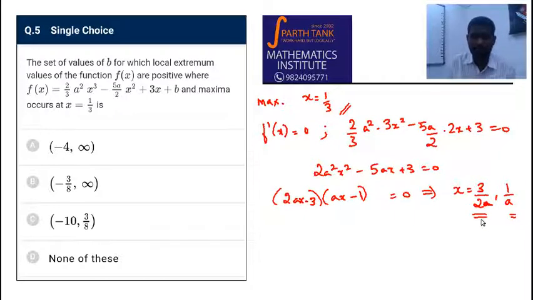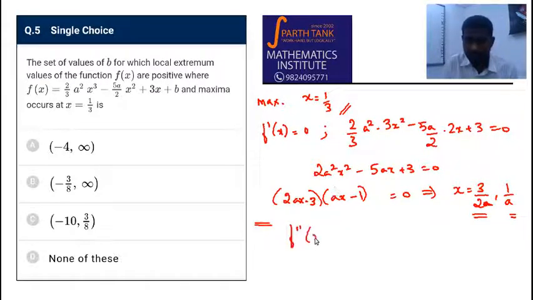So let us see, if we assume that 3 by 2a is the maximum. How to check for maximum or not? Take the second derivative.